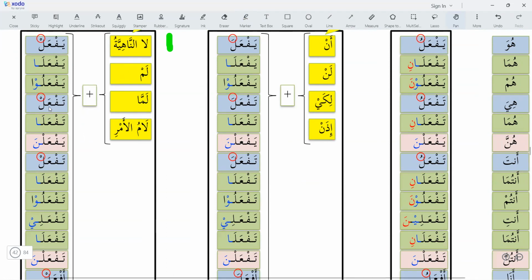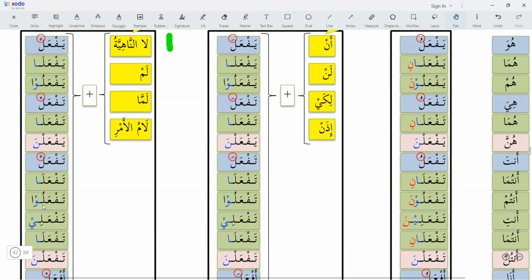And the same with taf'al. This is taf'alu, the dhamma changes into sukoon. And this was taf'alani, and the noon goes here. Yaf'alna is mabni. Taf'alu changes into taf'al, it gives the sukoon. Taf'ala, here the noon goes. Taf'alu, the noon goes here.